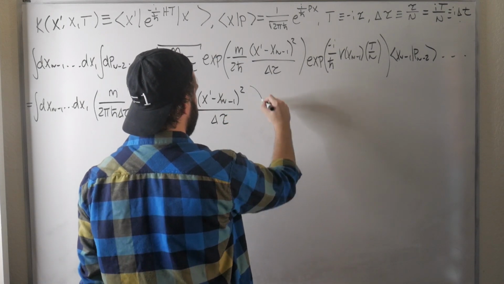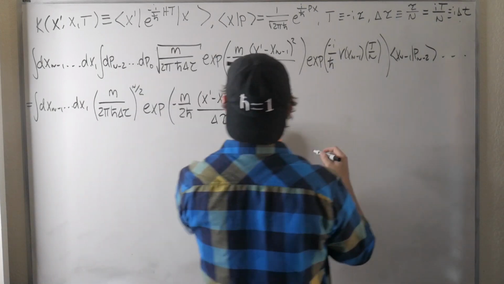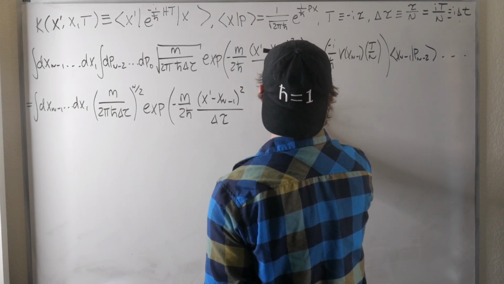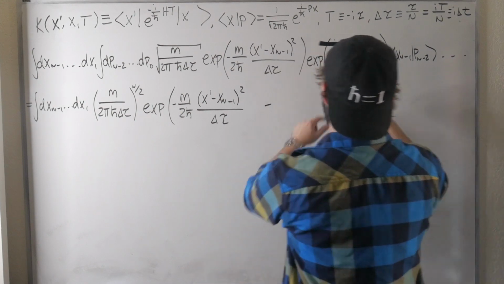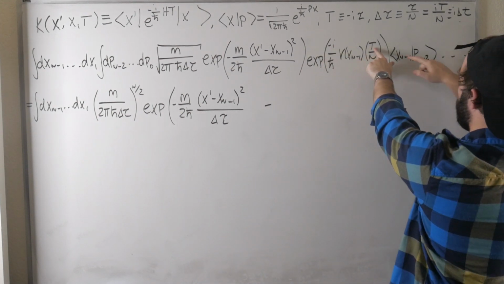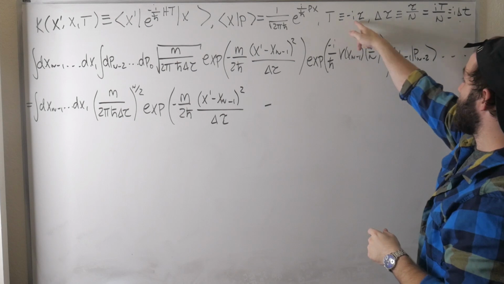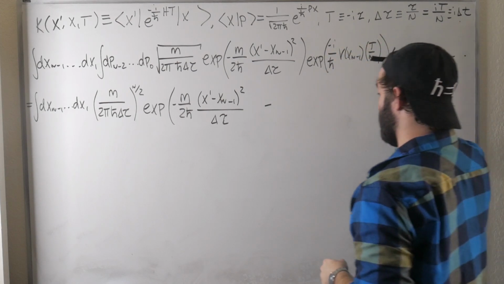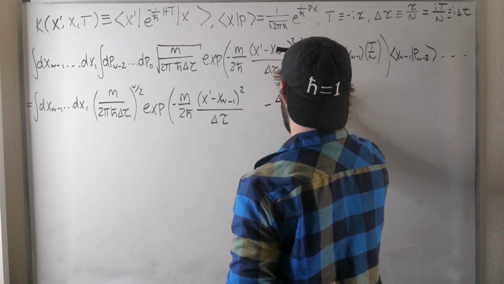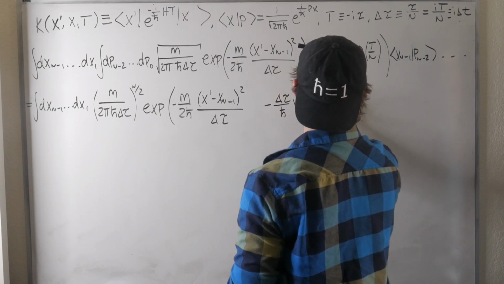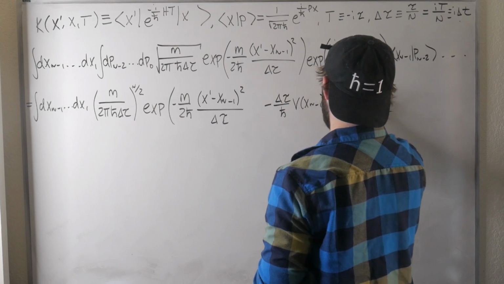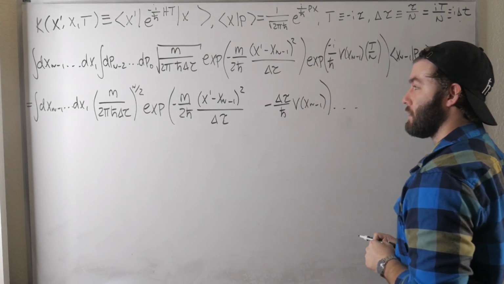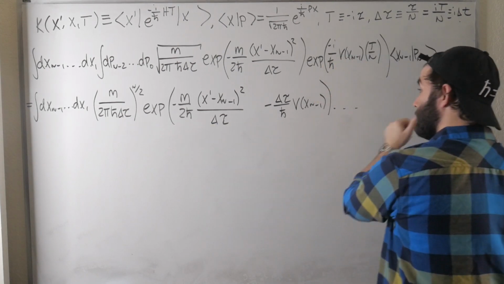I'm going to leave myself a little bit of space, and you'll see why in a bit. Minus, so we have a minus i and a t, but t is just minus i tau, so this is just going to be a minus delta tau over h bar v of x sub n minus 1. Okay, and then times all of the other guys, because we did this integral for all of them.